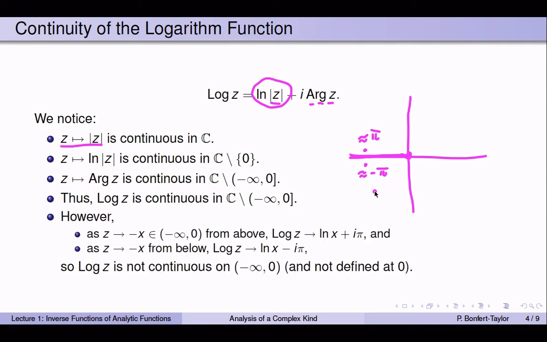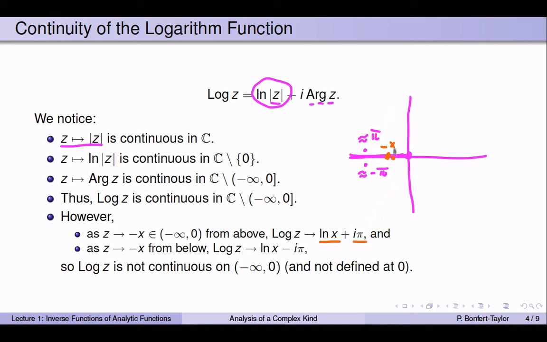However, the negative real axis is a real issue. As z approaches an x value on the negative real axis, so this is my negative x value, if you approach that point from above, the logarithm approaches the natural logarithm of the absolute value of minus x, which is x, plus I times pi, coming from above.